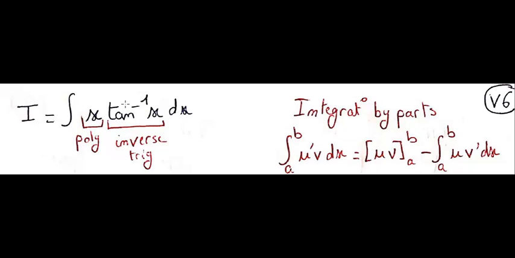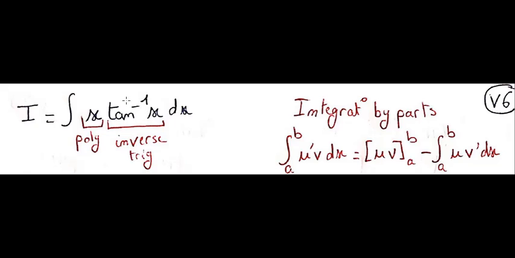If we look here, if we choose u prime to be tangent inverse x, the antiderivative of tangent inverse x, in order to find it, we should use integration by parts. So it's not easy to find the antiderivative of tangent inverse x. I'm going to solve the integral of tangent inverse x in another video. You can check it later if you like.